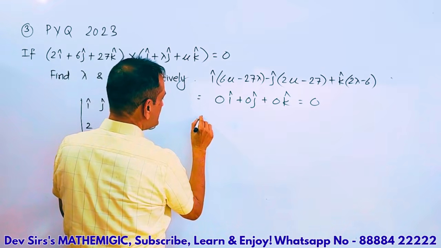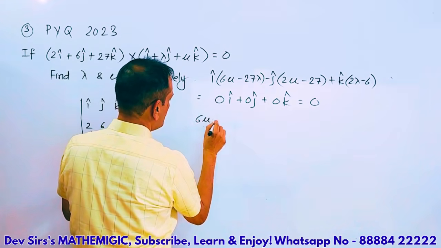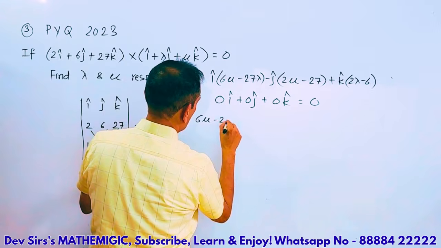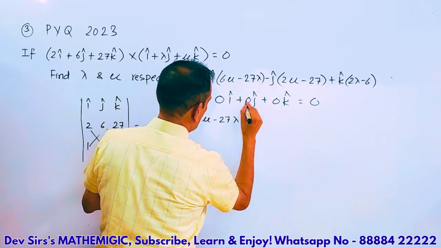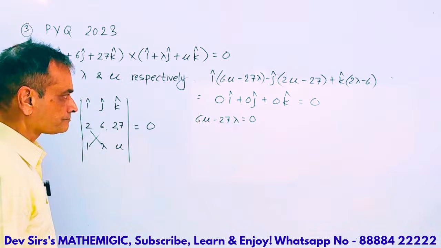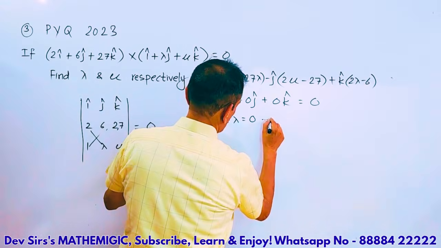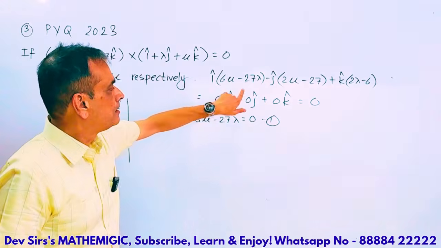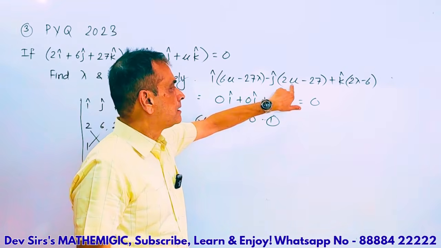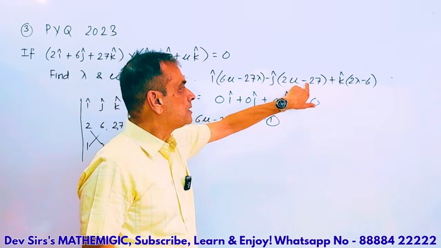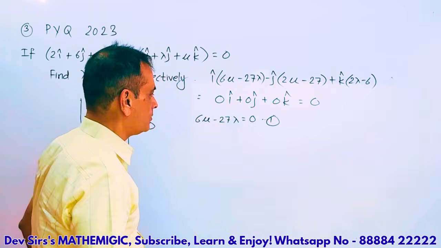So first equation is given, and second equation: 2 mu minus 27 equal to 0.